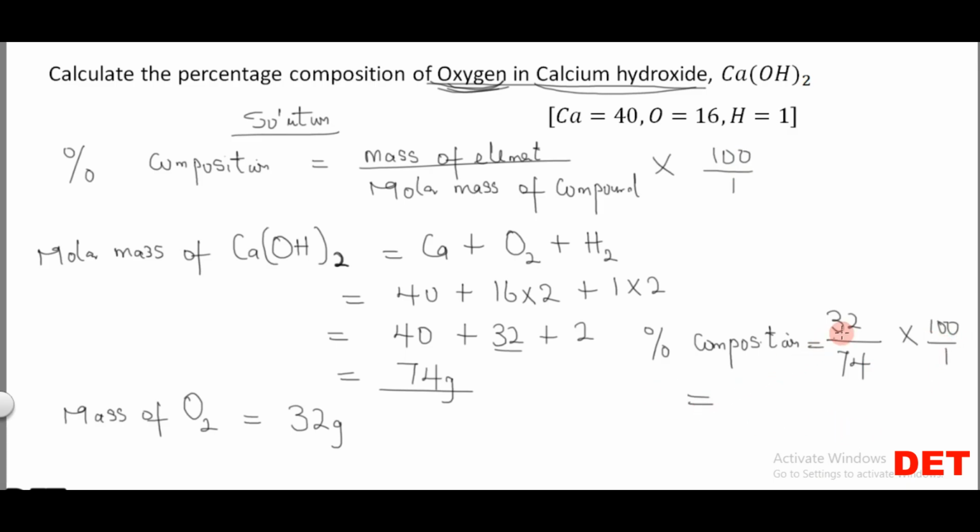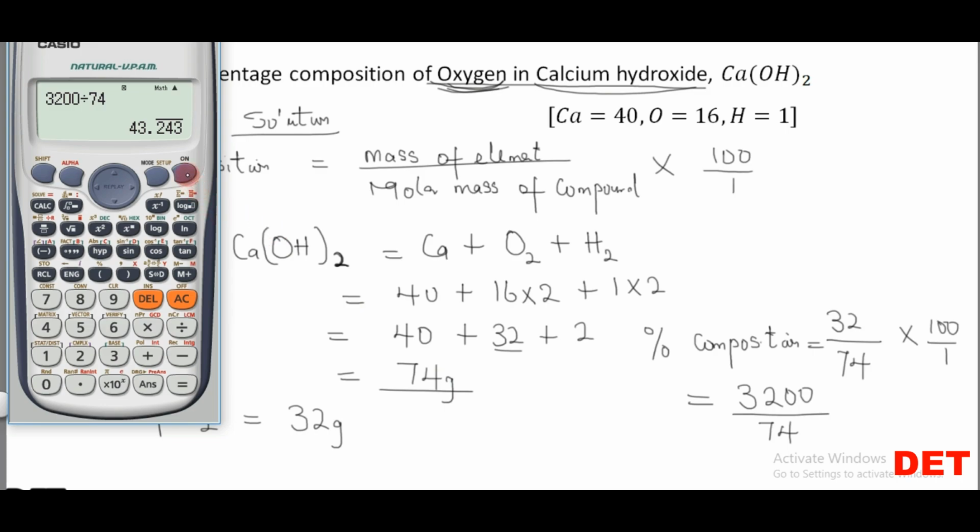So this will be equal to 32 times 100, which gives us 3,200, divided by 74.